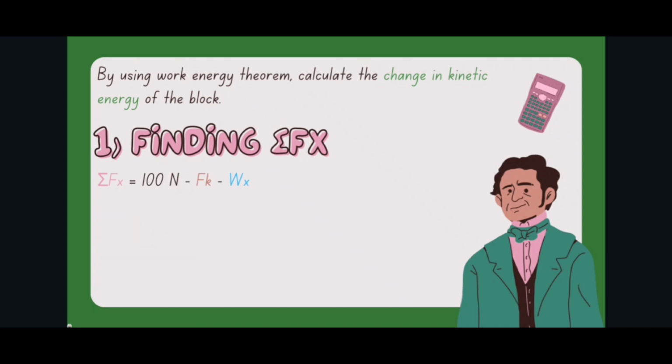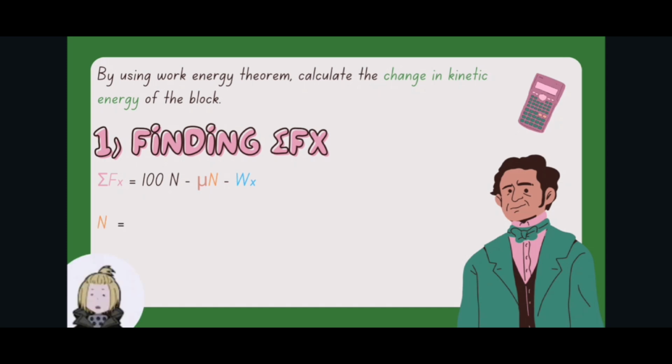So in order to find the summation of Fx, we will use the equation that I have just stated on the previous slide, which is F minus Fk minus Wx. Since F is already given, we will substitute the value directly into the equation. Next step is to find the kinetic frictional force, which is equal to mu times normal force.